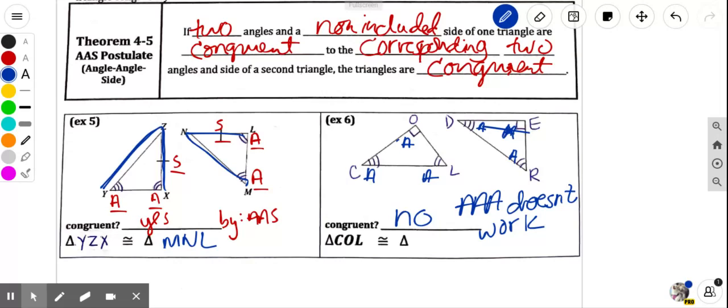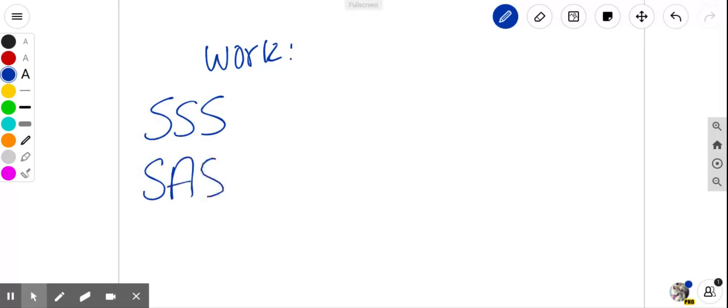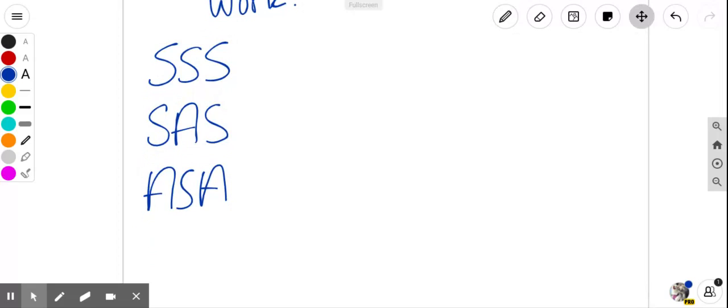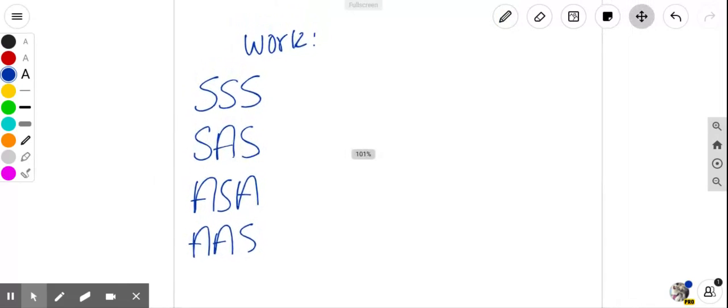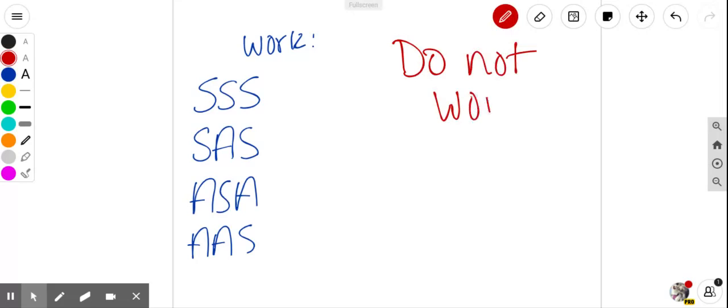So just to quickly recap, the 3 shortcuts that work are side, side, side; side, angle, side; angle, side, angle; and angle, angle, side. Don't mind the hammering. The ones that do not work are angle, angle, angle, not enough information.